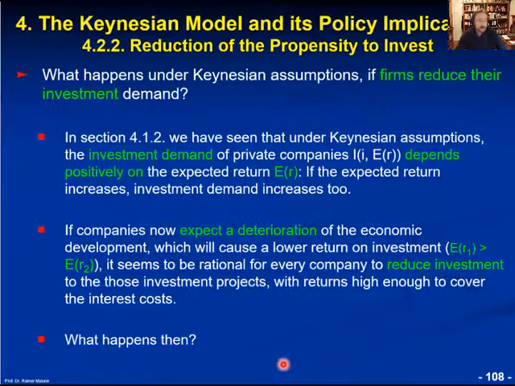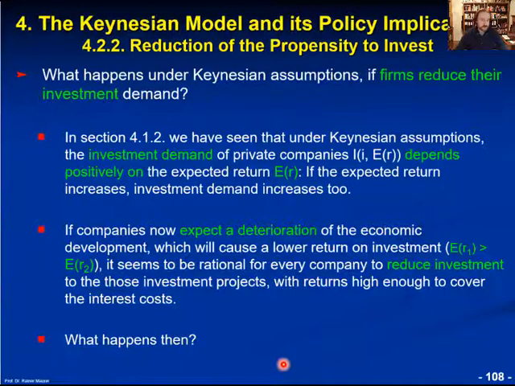So if companies now expect a deterioration of the economic development, which will cause a lower return on investment, it seems to be rational for every company to reduce investment to those investment projects only with returns high enough to cover the interest costs.